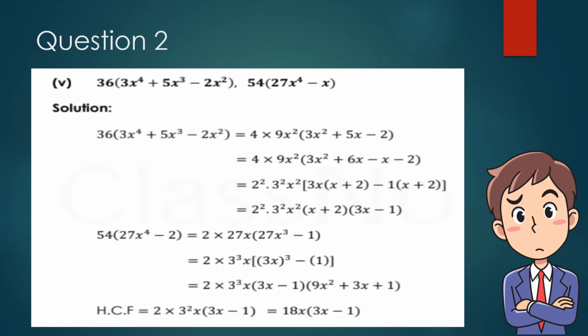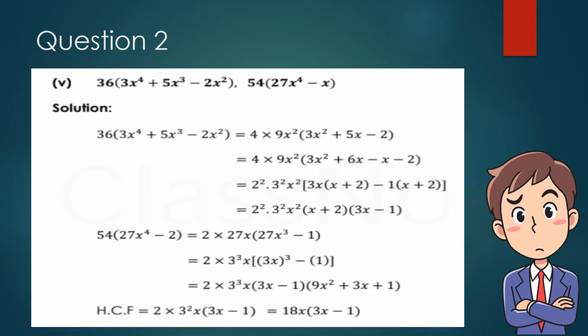In question number 2 part 5, we have 36 into 3x raised to power 4 plus 5 into x cube minus 2x square, and 54 into 27x raised to power 4 minus x. Now we will factorize both the polynomials. By factorizing the first polynomial, we will get 4 into 9 and x square will be taken as common.